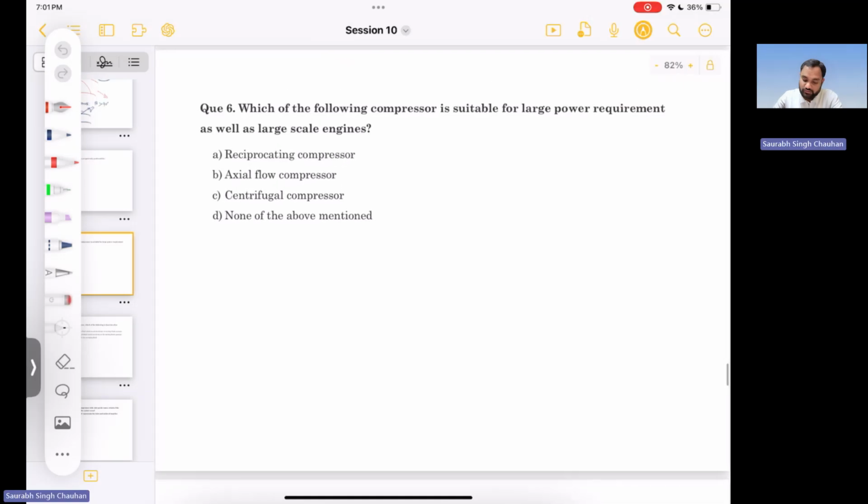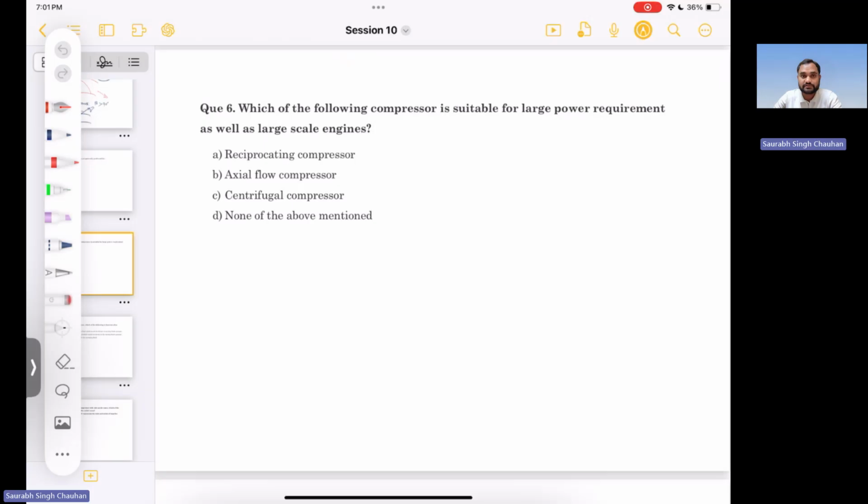Question number 6 says which of the following compressor is suitable for large power requirement as well as large scale engine. So we know that axial compressors are well suited for large power requirement and in large engines.